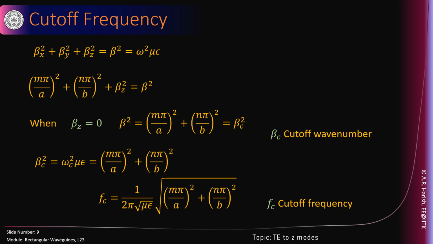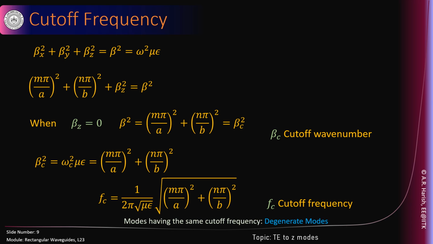So we have the cutoff wave number beta c, and we have a result for fc, the cutoff frequency. If two modes have the same cutoff frequency, then these modes are known as degenerate modes. Suppose a is equal to b, then m and n will give two degenerate modes. They'll have the same cutoff frequency for, let's say, the mnth mode and the nmth mode, because a and b are equal, and so on.